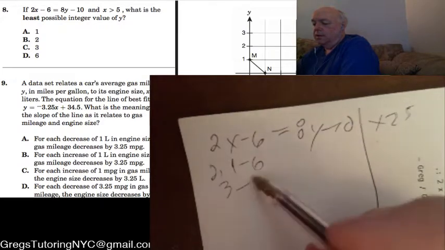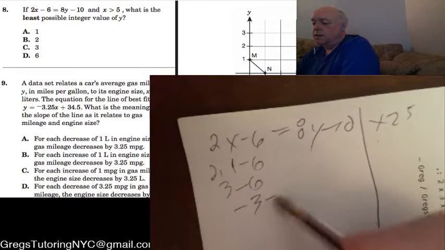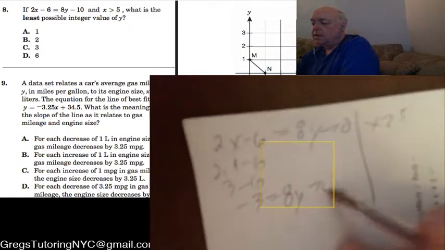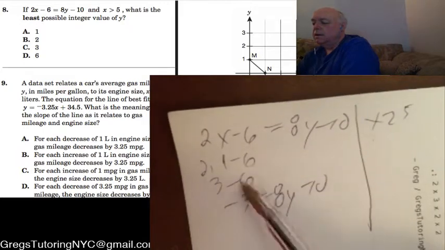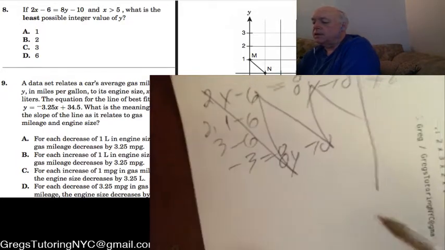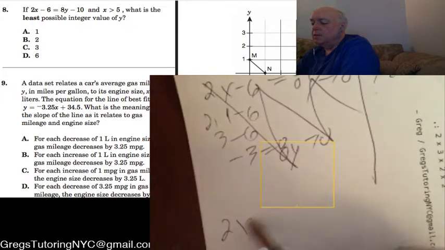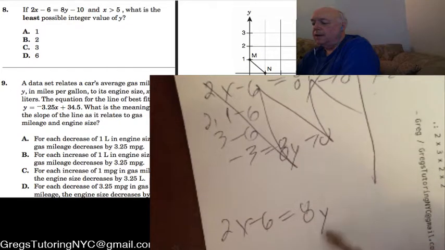So we get 3 minus 6, right? Did I do that right? Something tells me I did that wrong. Yeah, I did do that wrong. I'm filling in an x. We're supposed to be filling in a y. 2x minus 6 equals, so be careful, guys, 8y minus 10.